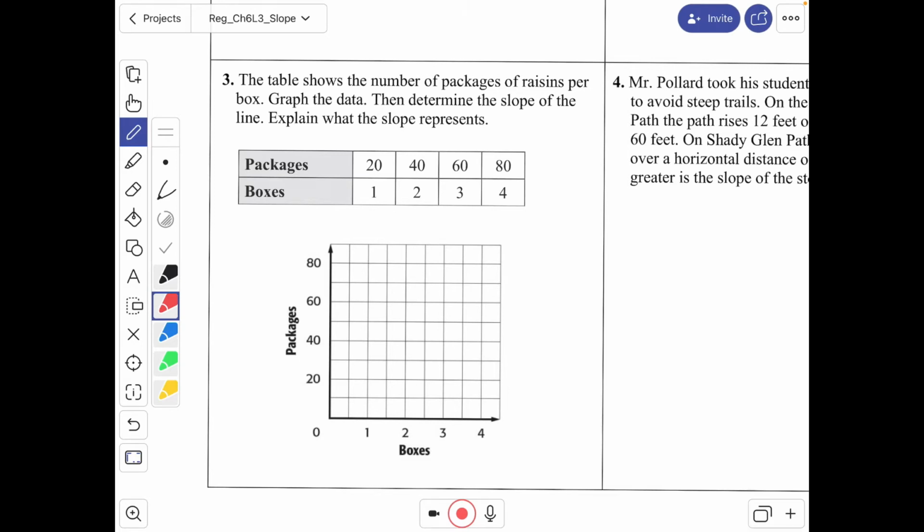Okay, so first I'm going to put this information into the graph. Looks like boxes is the x and packages is the y. So I'm going to go to the right 1 and up to 20 and put a dot. To the right 2 and up to 40. To the right 3 and up to 60. To the right 4 and up to 80.